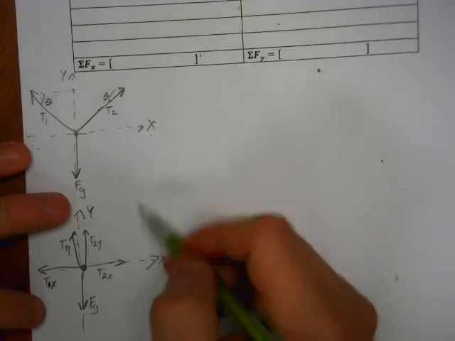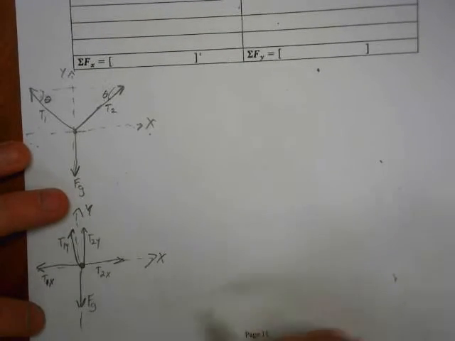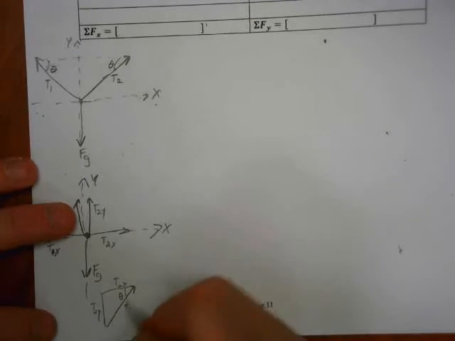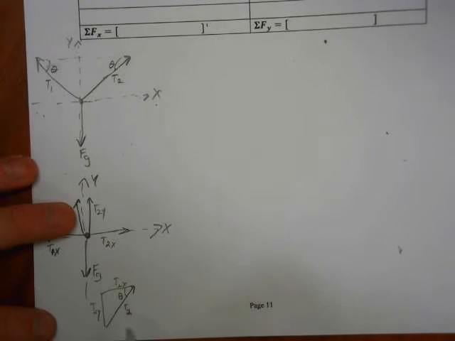Well, let's draw our triangles again. T2, theta, T2x, T2y. Remember, the overall force, the big force at an angle, is always going to be the hypotenuse, and then we're breaking down into horizontal, perpendicular, and parallel components.